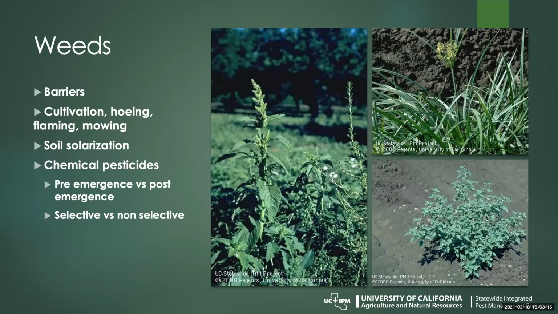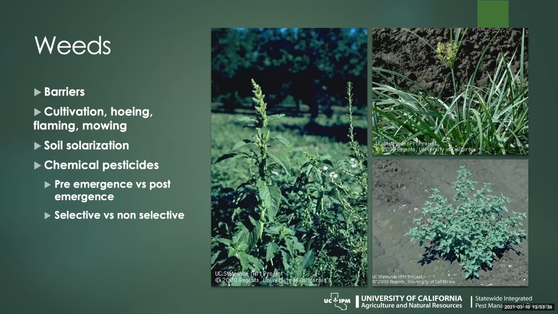Weeds, there's a ton we can say about weeds. We will have a presentation on IPM for plant pathogens, and we will also have a presentation on weeds and weed control. But as I mentioned, there are physical controls like mulches and barriers, using soil solarization to kill some of the weed seeds so that they won't germinate and grow.